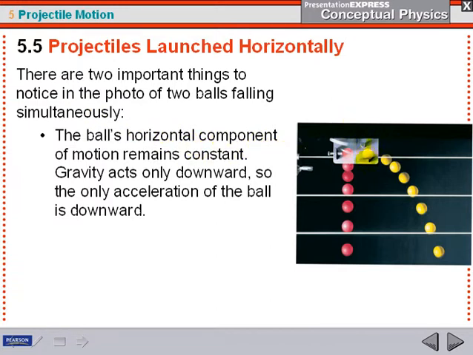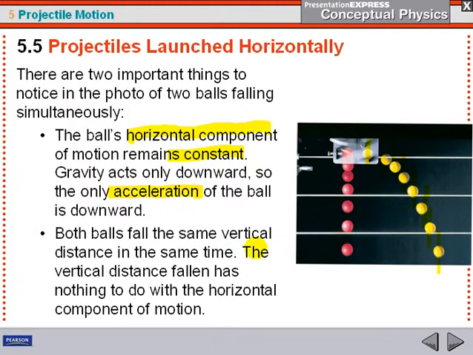If you look, the distance between there and there and there is all the same. So the horizontal component is constant. The only acceleration on the ball is downward, and we can see that with each successive photograph, it's covering a larger and larger distance.